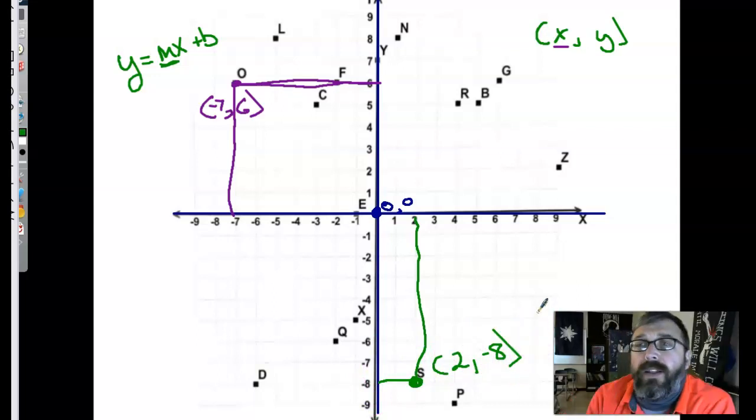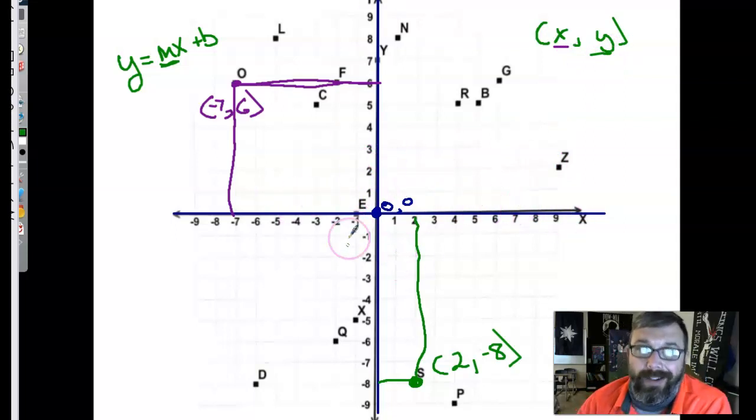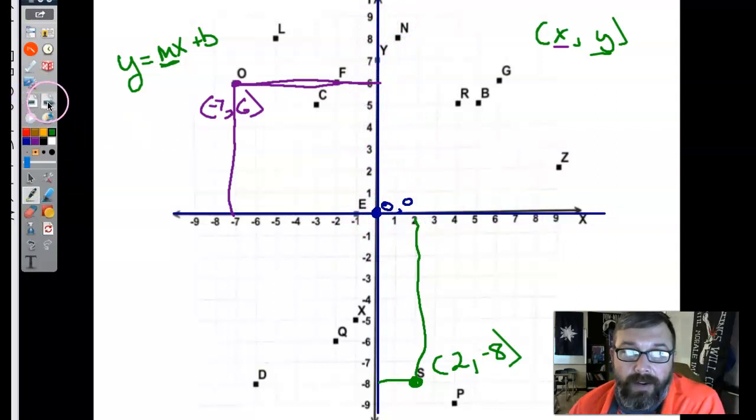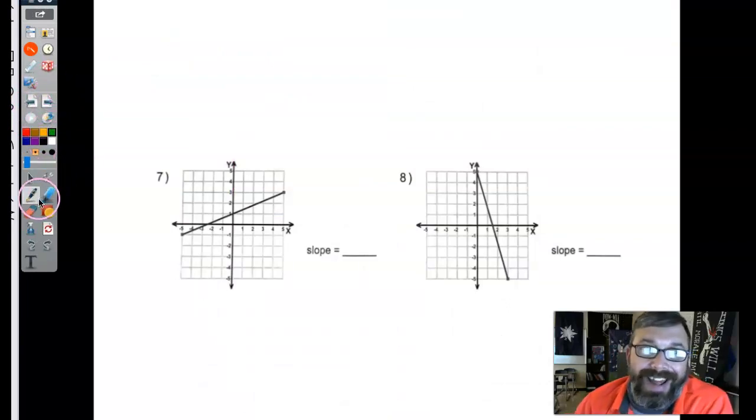So it's very important that we know the difference between our x and our y. X is our horizontal distance away from 0. Y is our vertical distance away from 0. This is going to be very important here in just a minute. But now we were talking about m.